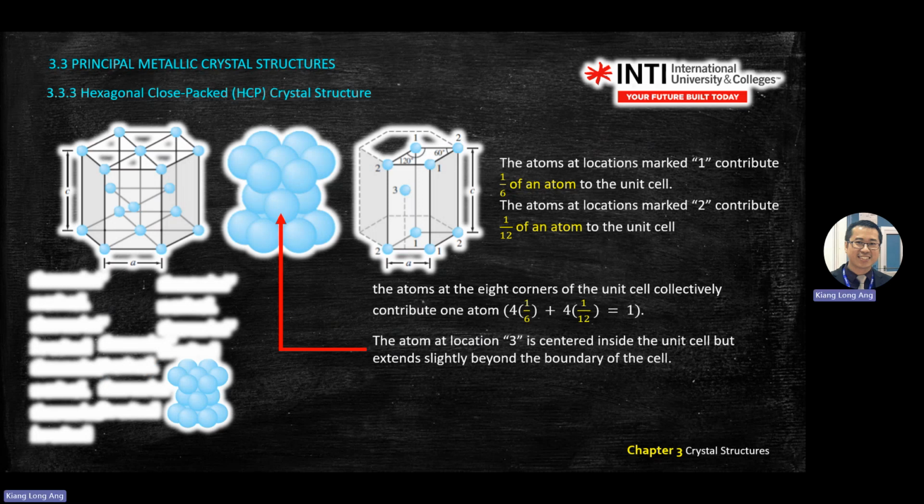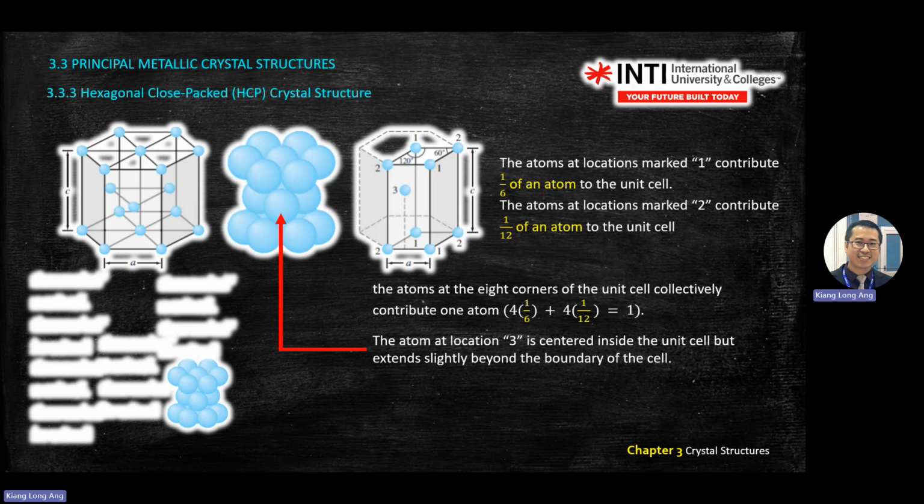Okay, so the atoms at the 8 corners of the cell collectively contribute to 1 atom. Try to digest this statement. Atoms at the 8 corners of the unit cell mean this one. 1, 2, 3, 4, 1, 2, 3, 4.